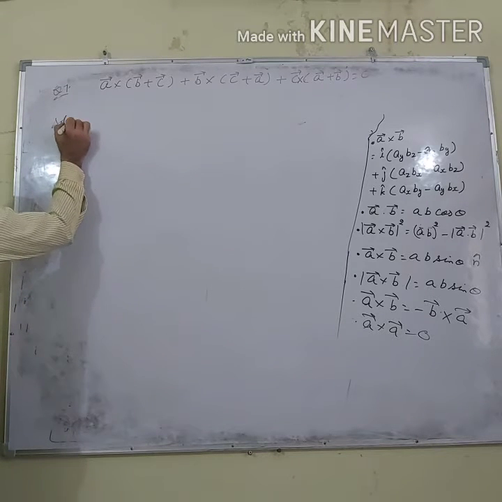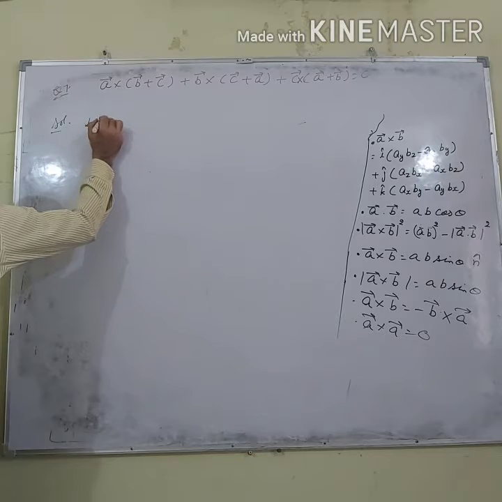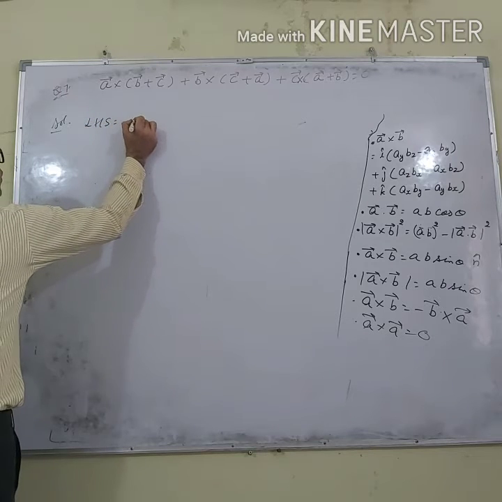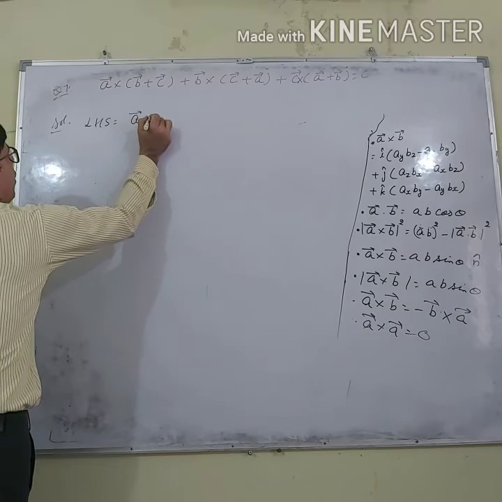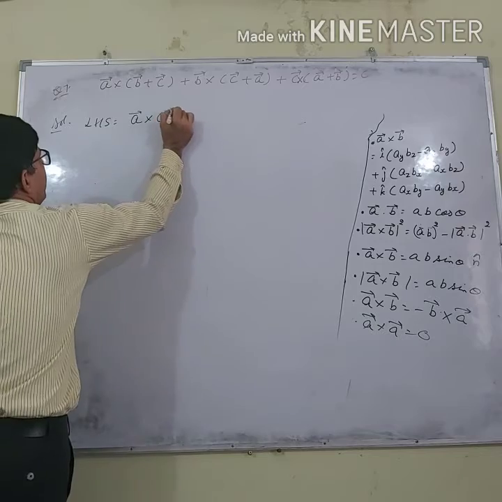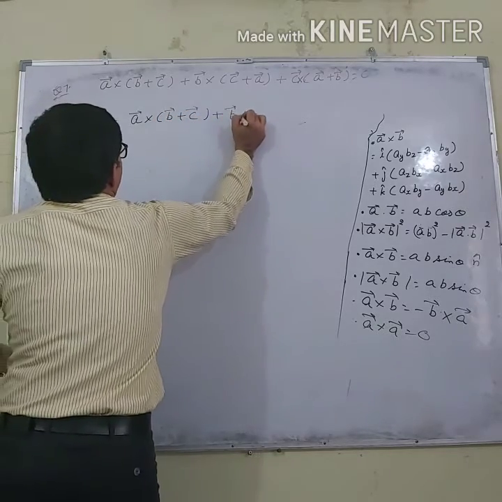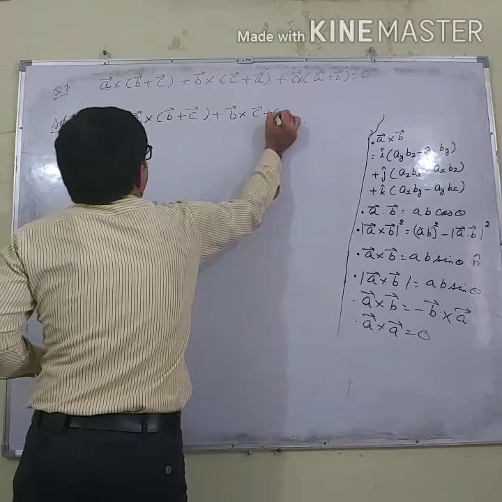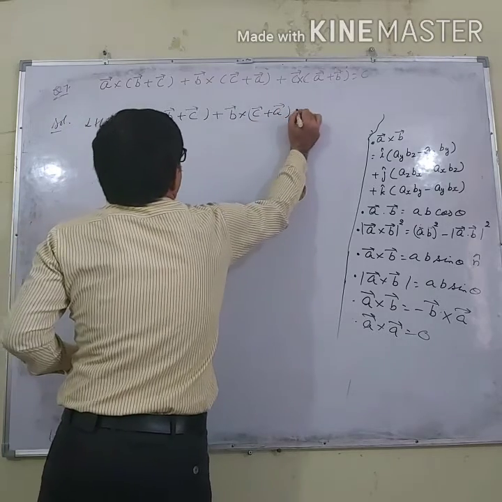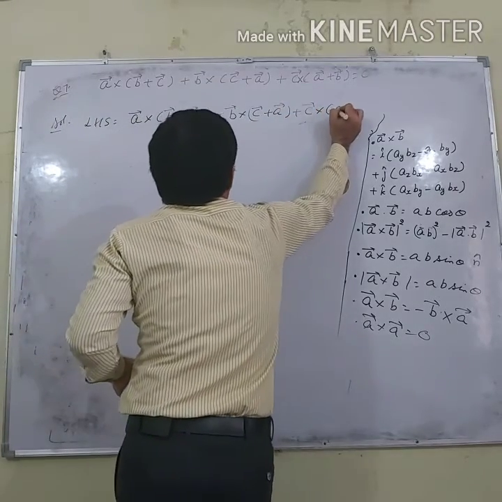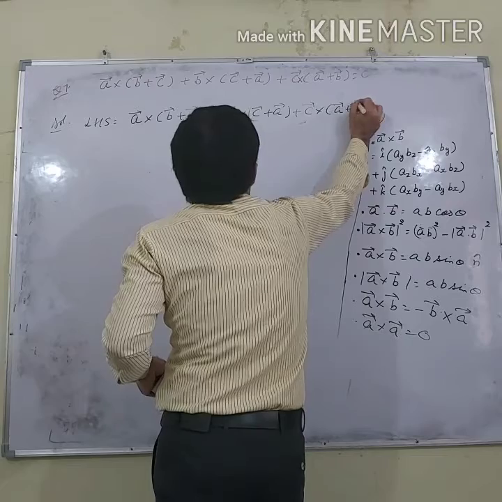Left hand side is equal to a cross (b plus c) plus b cross (c plus a) plus c cross (a plus b).